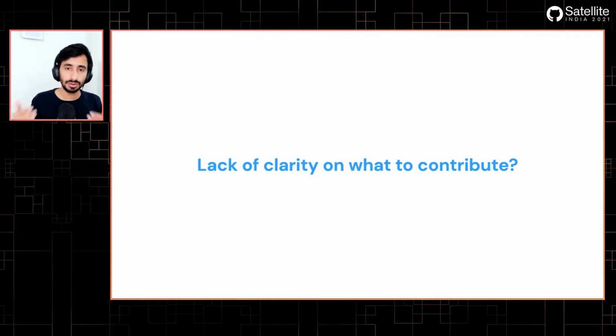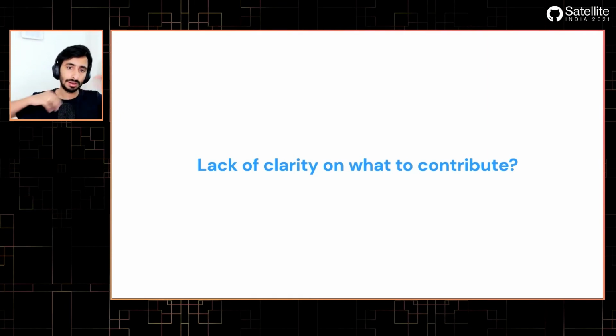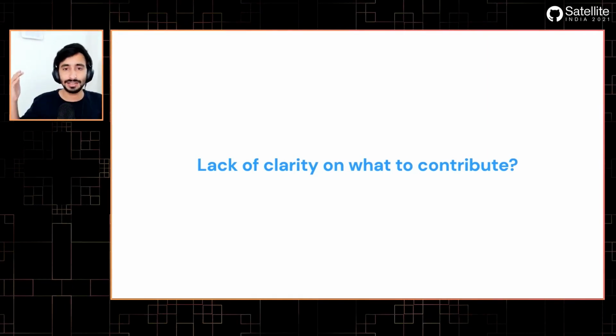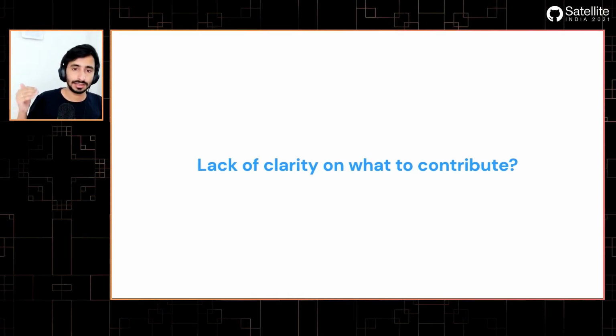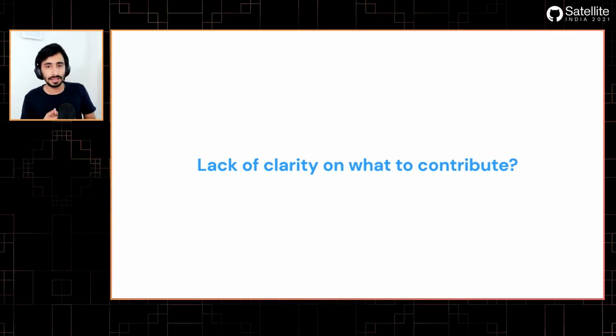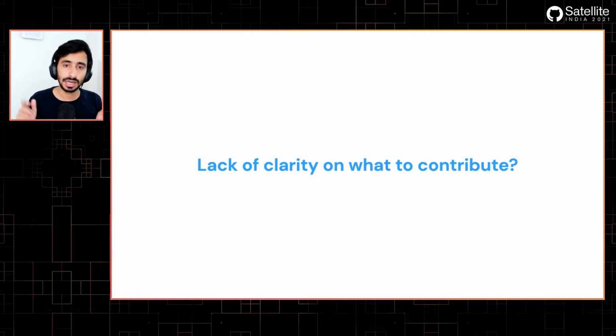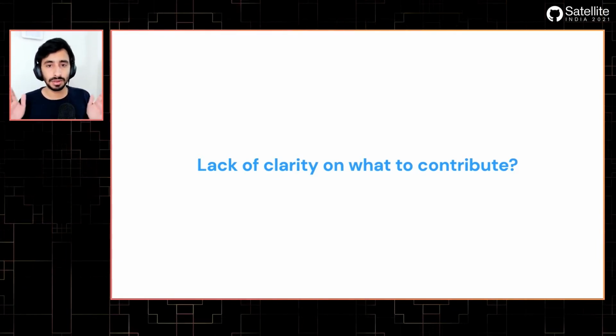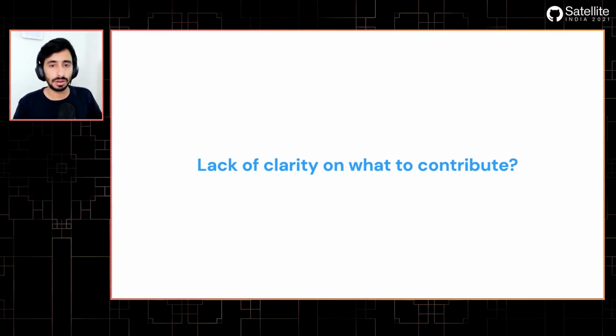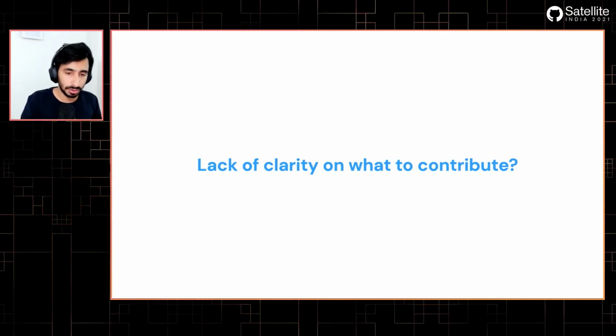Most of the time, if you go to any open source project, there'll be a log saying this is not working for me, and this is why it is happening. There is no easy way to filter out these kinds of issues to find a design problem which you can solve.